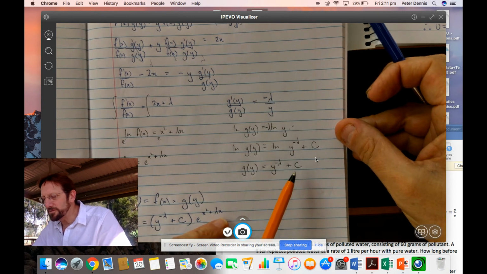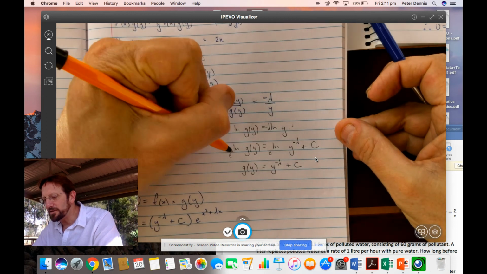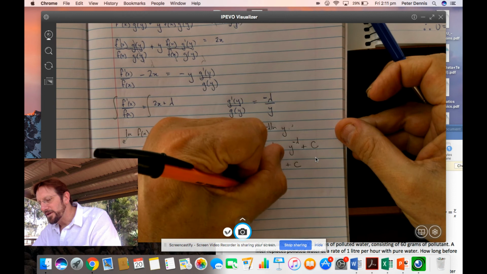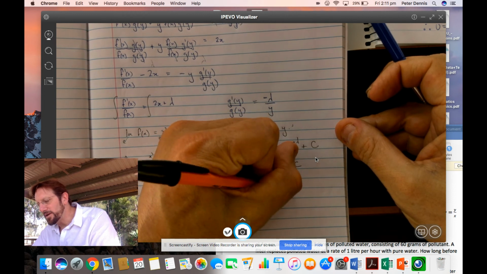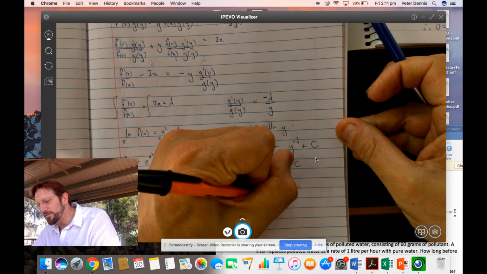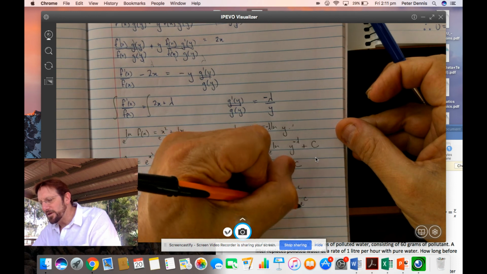So when we raise them to the powers, we are going to get e to the power of this and e to the power of that. So this becomes, remember, e to the log of whatever that is, plus c, which is another way of writing e to the log of whatever that is, times e to the power of c, and we can let that be an a.